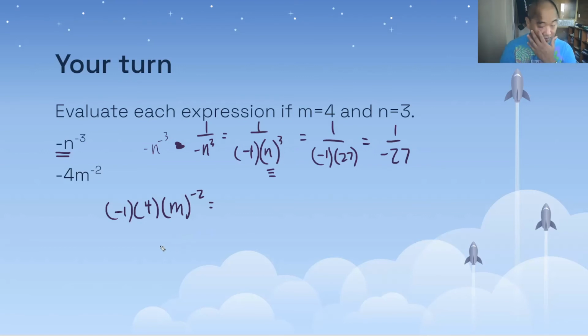And this one matters less because the negative is not attached to the m. So you could still just write it as negative 4 over m squared. And m is 4, so that's 16 over negative 4. So this is negative 1 over 4.